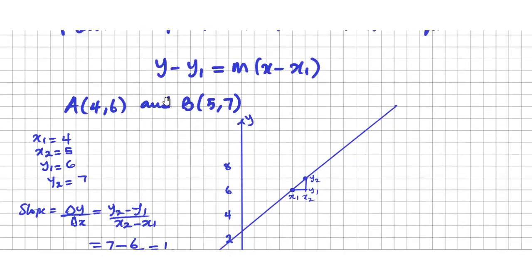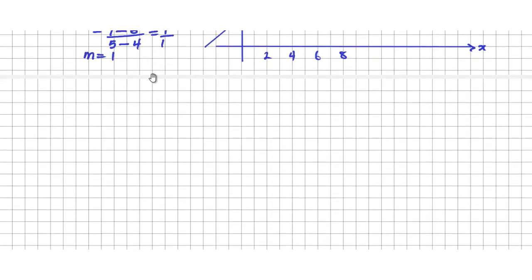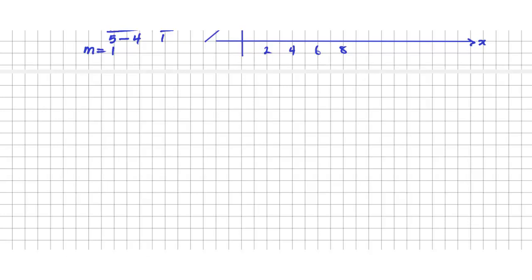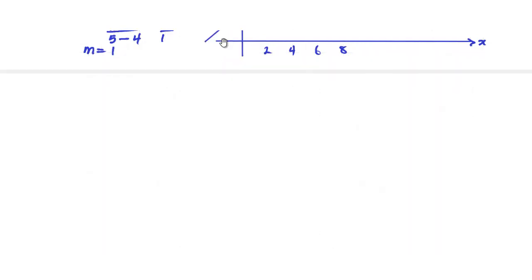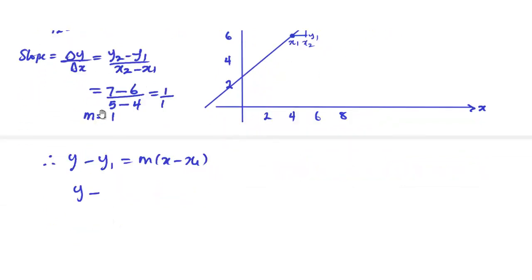Now if I want to express it in point slope form, we have y minus y1 equal to m into bracket x minus x1. So what is our y1 here? Our y1 is 6.